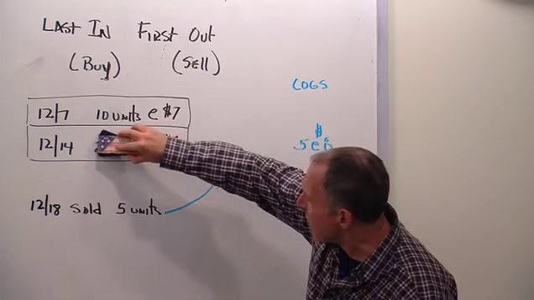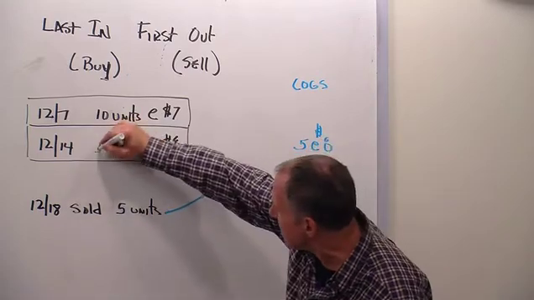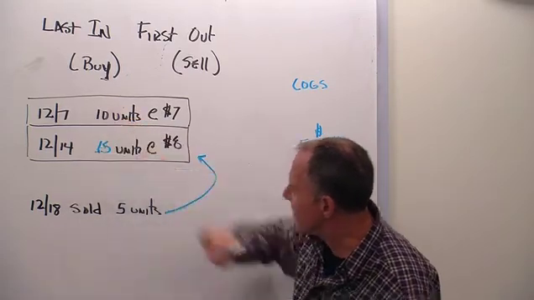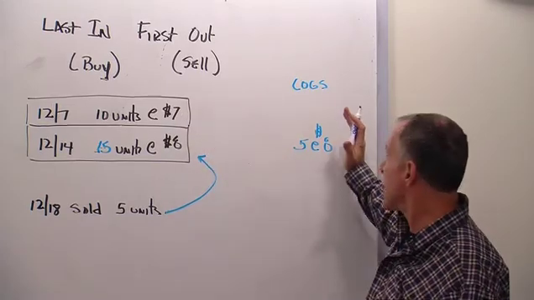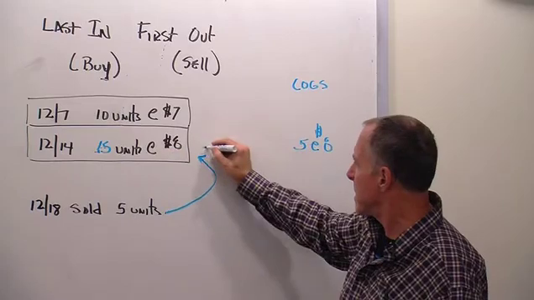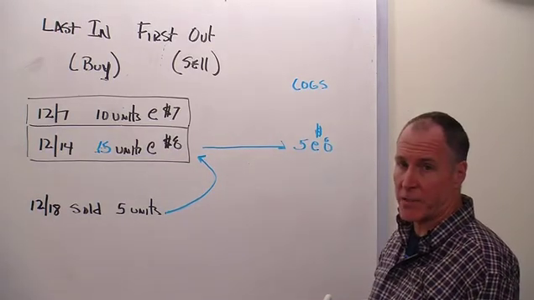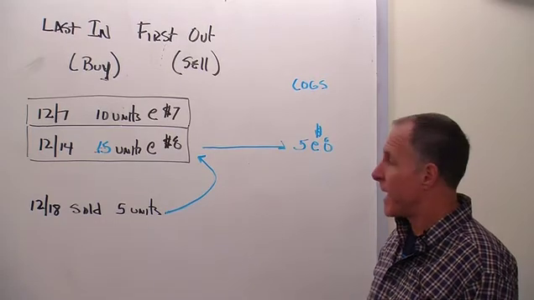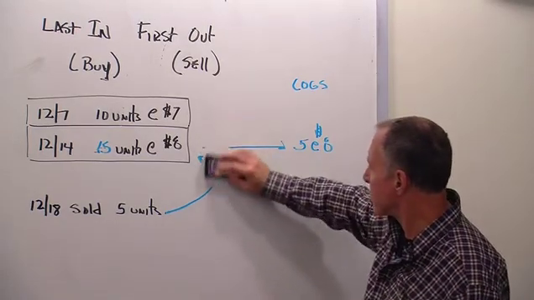And that then going forward is going to leave me not with 20, but with 15. If this is my inventory, and this is my cost of goods sold, these 5 units come from here, which means they go into cost of goods sold at $8 apiece.